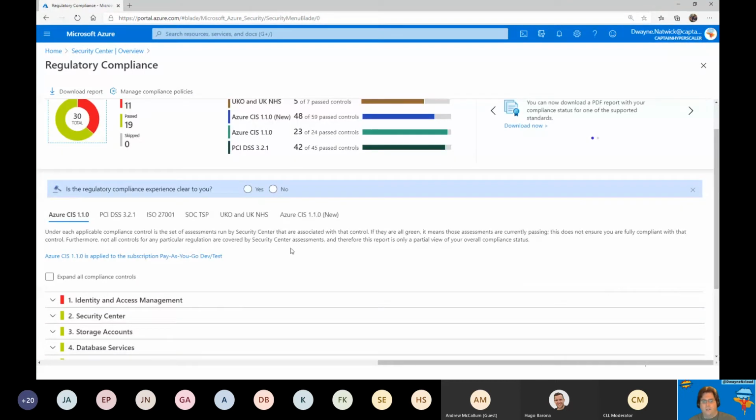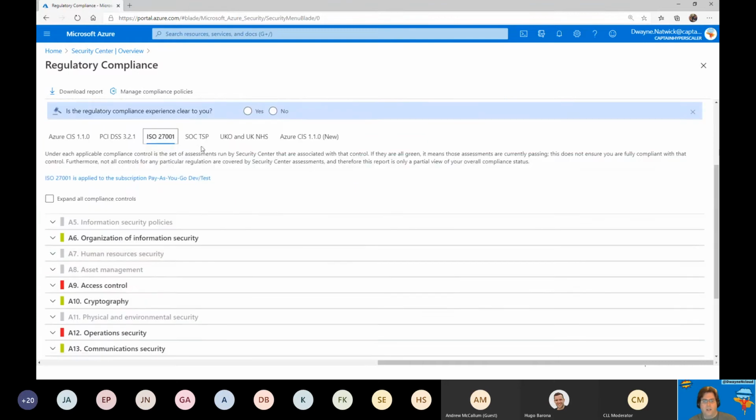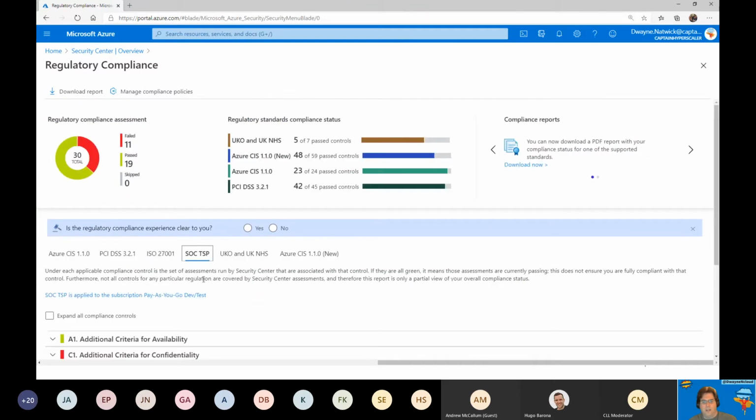There are certain standard regulatory compliances, these four. This one is Azure's standard baseline best practice security controls posture. You have PCI DSS for credit card services, which is pretty popular. Then you have the ISO 27001 standard as an international standard, and the SOC technical standard for security.